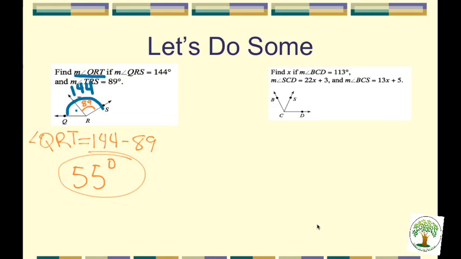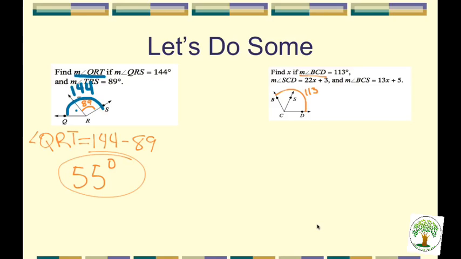Now we're going to use the letter X for the next one. It says that the measure of BCD, they tell us, is 113. So BCD is that whole thing. I'm going to make a big arch and make that 113. I'm going to challenge you again to actually draw on that drawing.